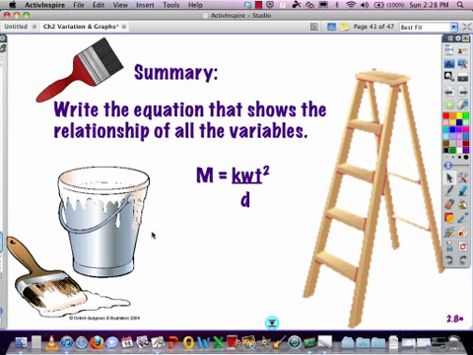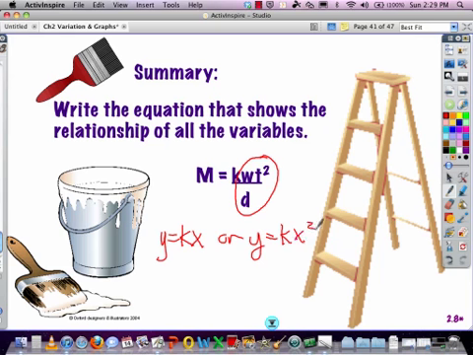So the maximum weight this board can hold depends upon our constant, and then the width of the board, the thickness of the board, and the distance or length of the board. So these three variables that are our independent variables are all in the same equation. Earlier in the chapter we were just focusing on y equals kx or y equals kx squared if it was direct.